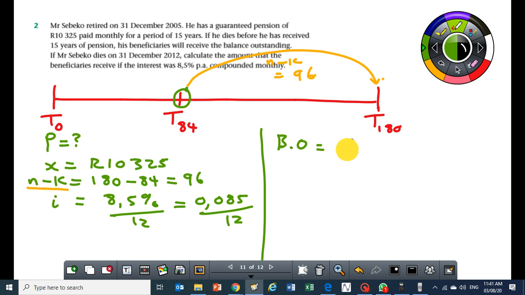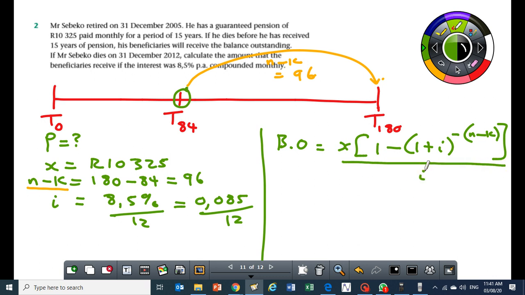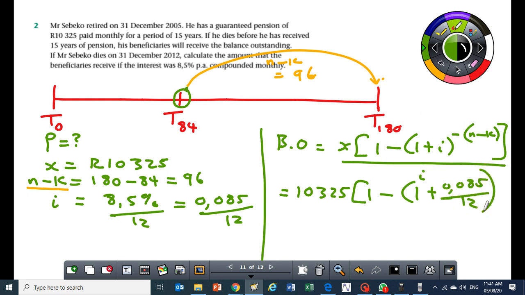It will be x times 1 minus 1 plus I raised to the power of minus n minus k, all over I. So that will give us 10,325 times 1 minus 1 plus 0.085 over 12 raised to the power of minus 96, all over 0.085 over 12.